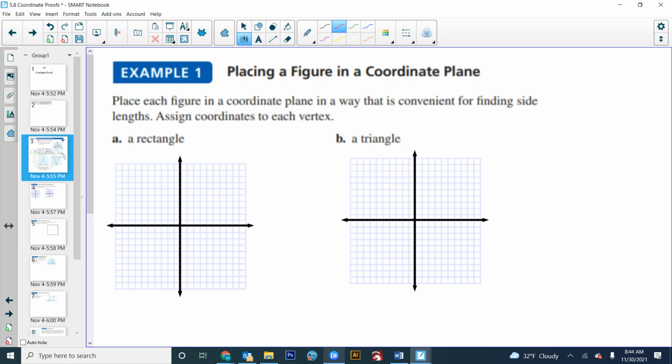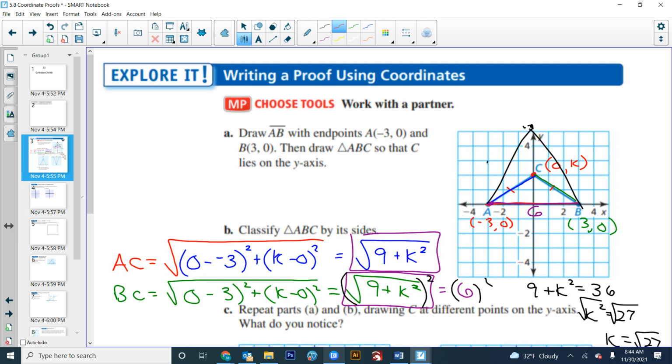Do you agree this triangle was placed conveniently to find side lengths? What does that mean? It was easy to find something. Yeah, because what if they gave us the triangle like that?